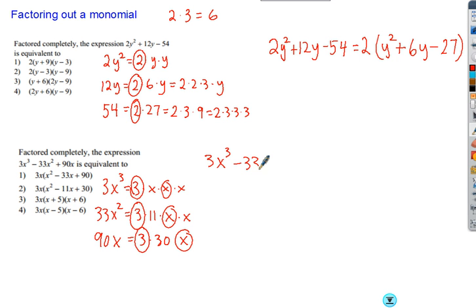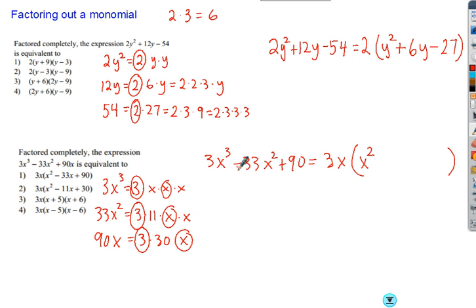So this expression, 3x to the third power minus 33x squared plus 90x, is going to be equivalent to 3x times these leftovers, right? What's left here? X squared. And 11x is left here.